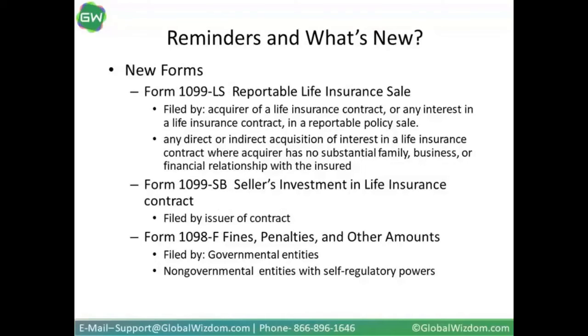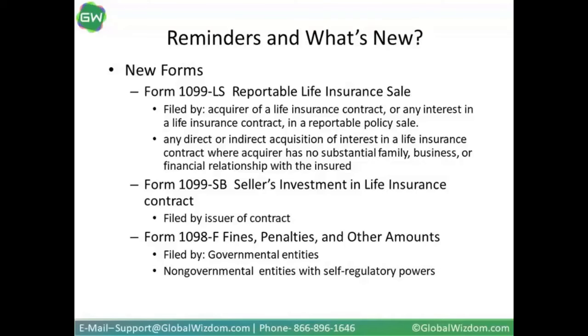There are some new forms. Most of them don't apply to most of the people attending this session, I guess. There's 1099 LS for reportable life insurance sale, filed by the acquirer of a life insurance contract or an interest in a life insurance contract, for direct or indirect acquisition where the acquirer has no substantial family, business, or financial relationship to the insured.